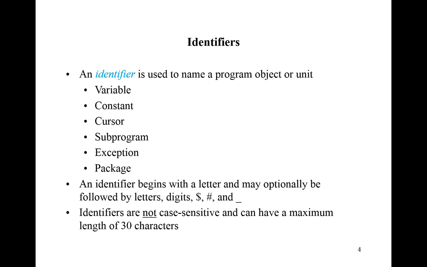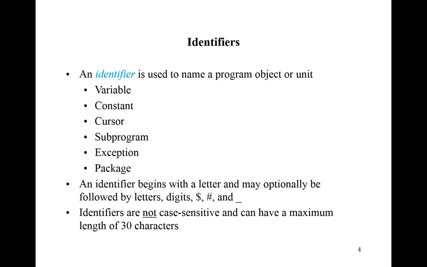All programming languages have the ability to declare some kind of variables or work areas, and we identify those variables using some kind of symbol. Such a symbol is referred to as an identifier. Now, an identifier in PL/SQL can be used to give a name to a program object or unit itself.